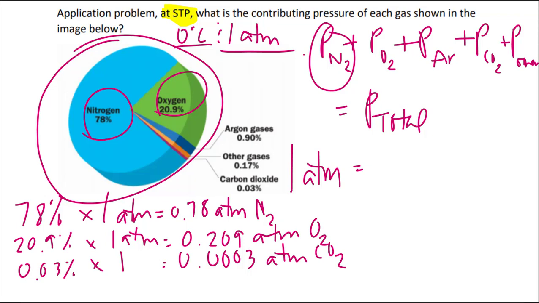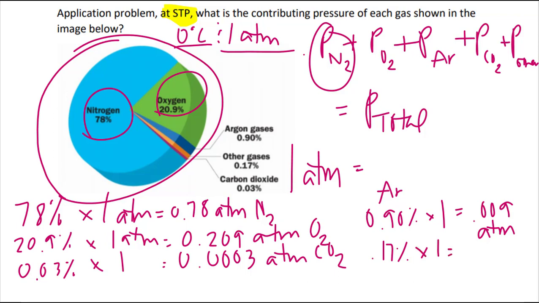Argon is 0.90% times 1, which is 0.009 atm. And finally, my other gases would be 0.17% times 1, which is 0.0017.